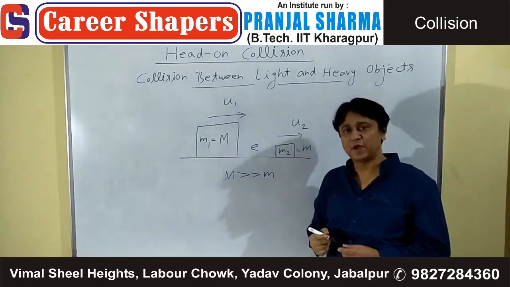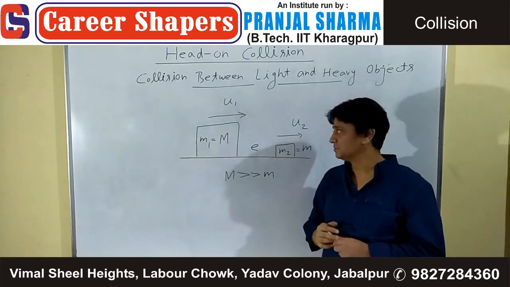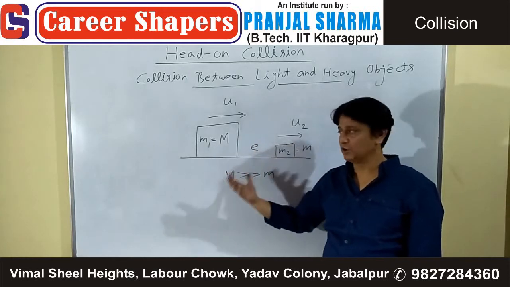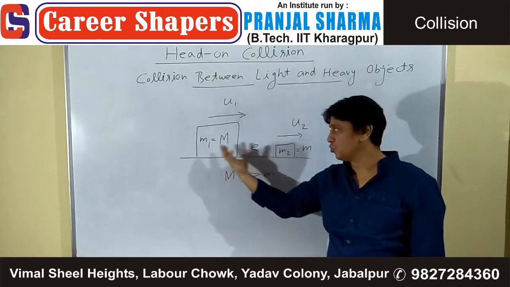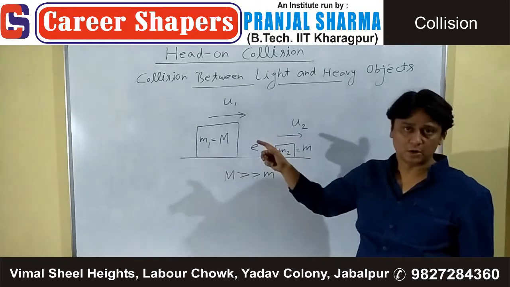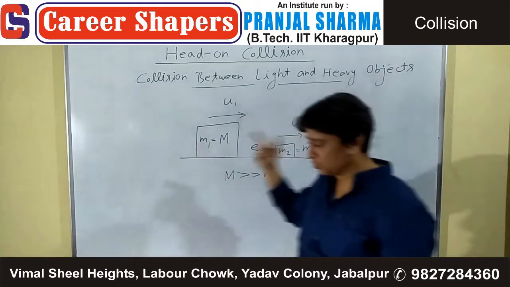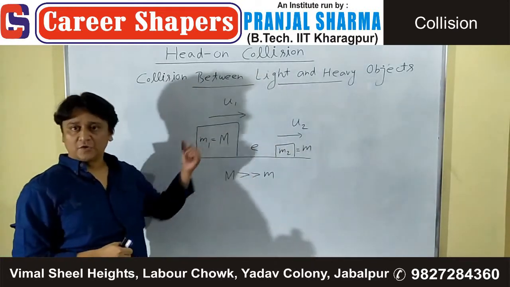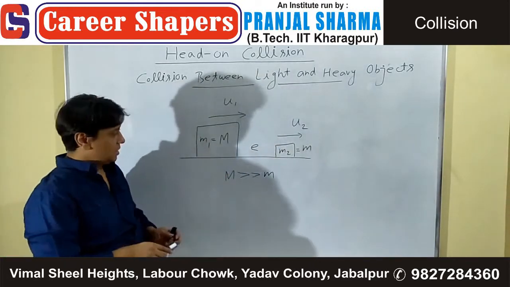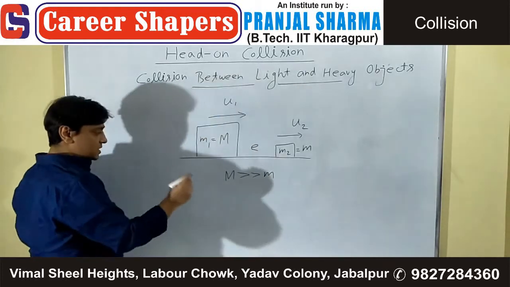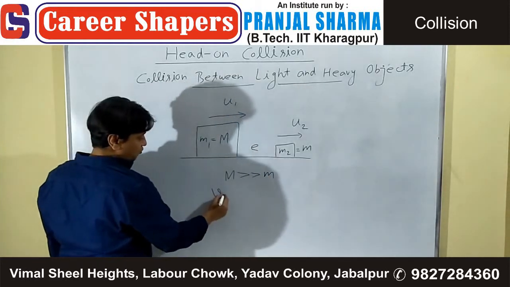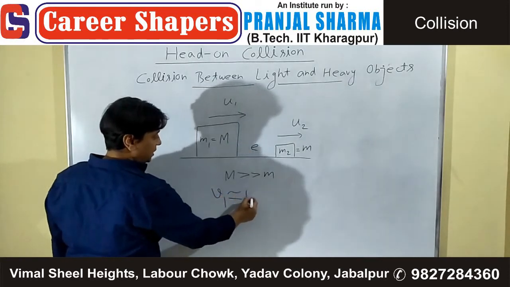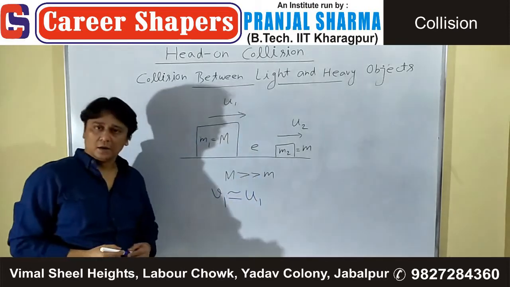And our aim is to find the velocities after collision. This is something like a truck is moving. A truck is moving, and on this moving truck, if you throw a ball, and then if I ask you what are the velocities of that truck and the ball, I hope you can understand that V1 will be approximately U1 only.